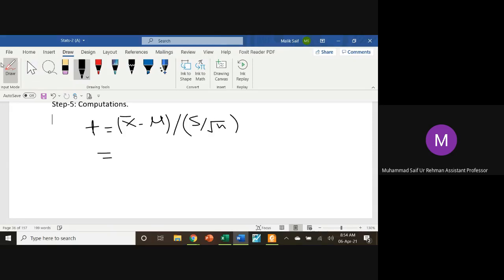So what is x bar? X bar is 42. Write down 42 over here. And what is mu? Mu was 40. You must have your calculator with you because you have to solve it. I don't have any solution for this question. So what was S?